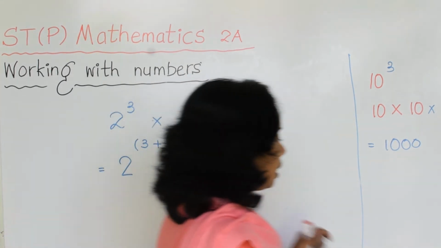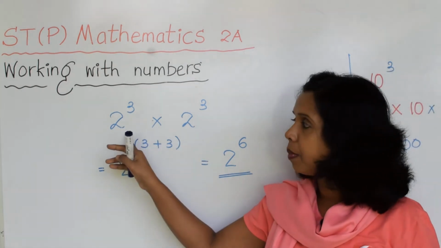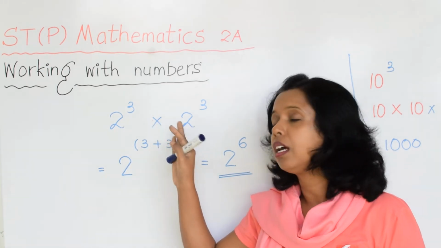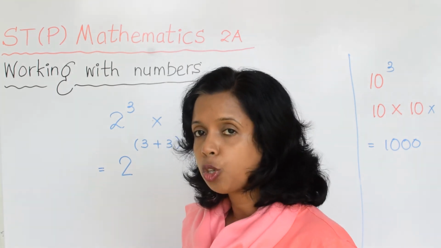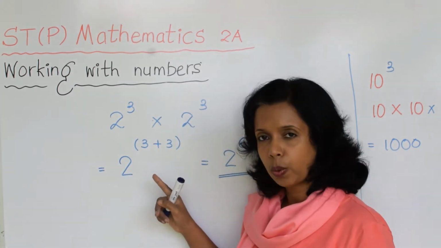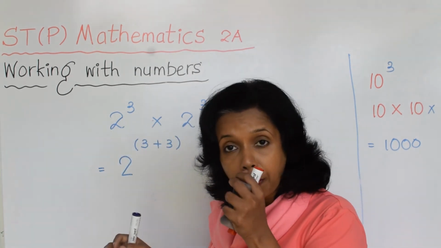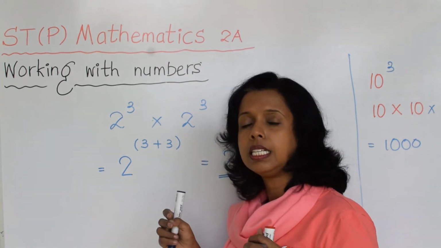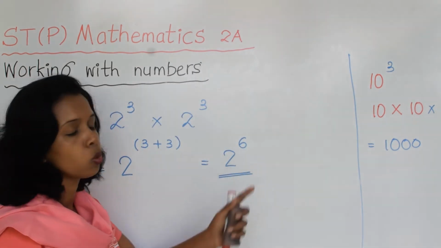The numbers written in index form you have multiplied. You can do it as earlier, but it's time consuming. So what is the easiest way you can do this? As they are having the same base value, you can add the index values, the indices, together to get the answer 2 to the power 6.